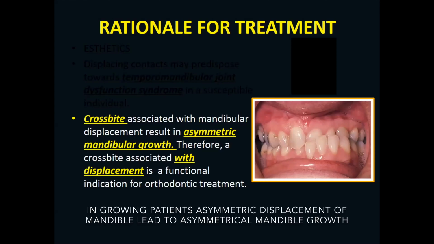If the patient is occluding the mandible from the rest position, and we encounter a deflecting contact or any kind of abnormal tooth contact on centric occlusion, then in order to avoid this dental interference, the patient would be moving the mandible maybe anteriorly, maybe laterally. And if the patient starts moving the mandible laterally due to the dental interference on centric occlusion because of this malocclusion or anterior crossbite, this may lead to the development of asymmetric growth of the mandible.